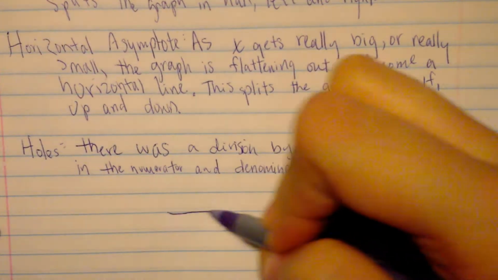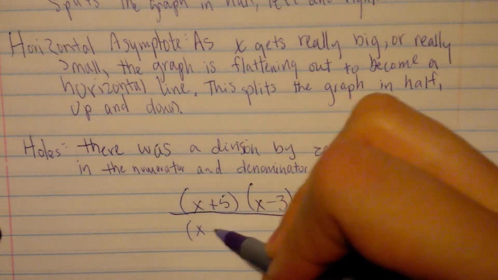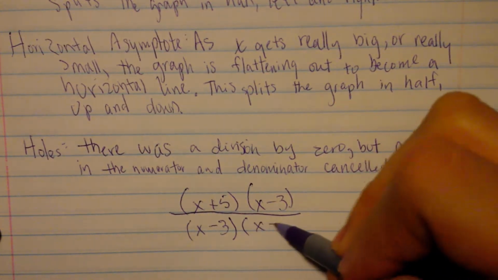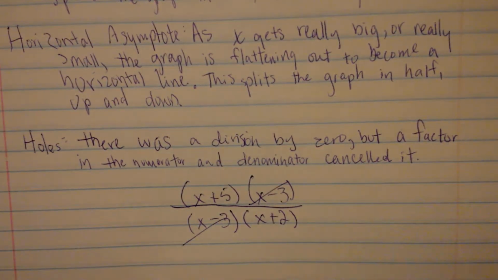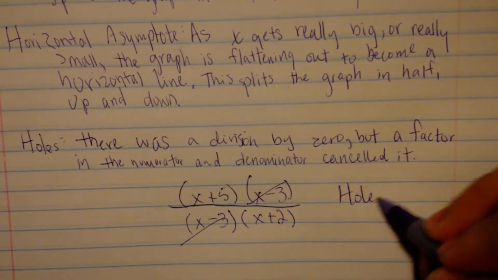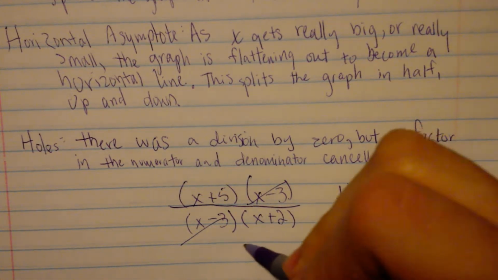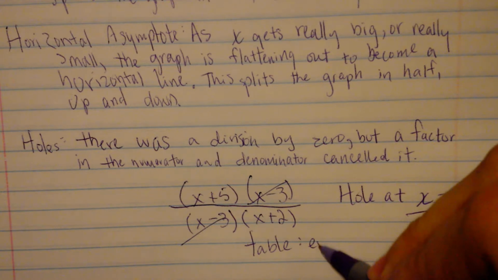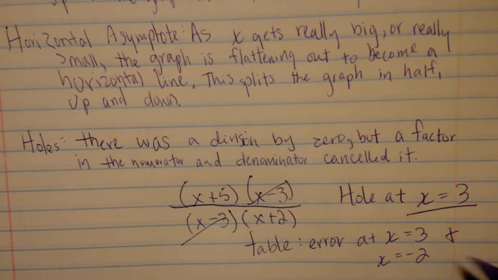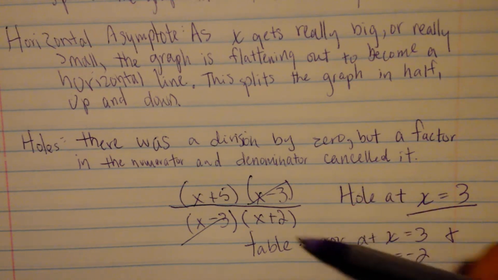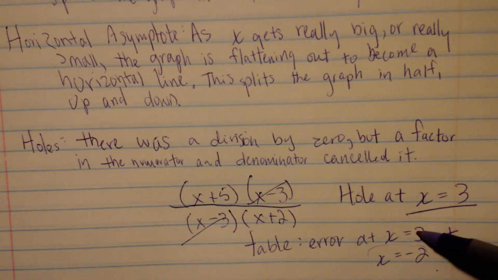So if you had something like this, x minus 3 on top and bottom, those cancel, and so there would be a hole at x equals 3. Like you'd still see in the table two errors at 3 and at -2, but -2 would give you a vertical asymptote and x equals 3 would give you a hole.